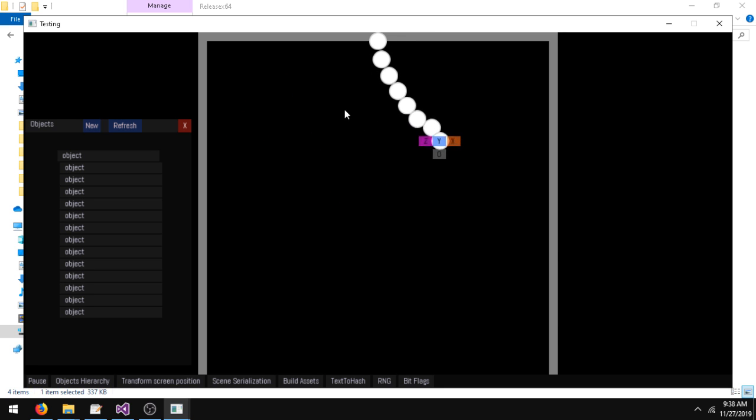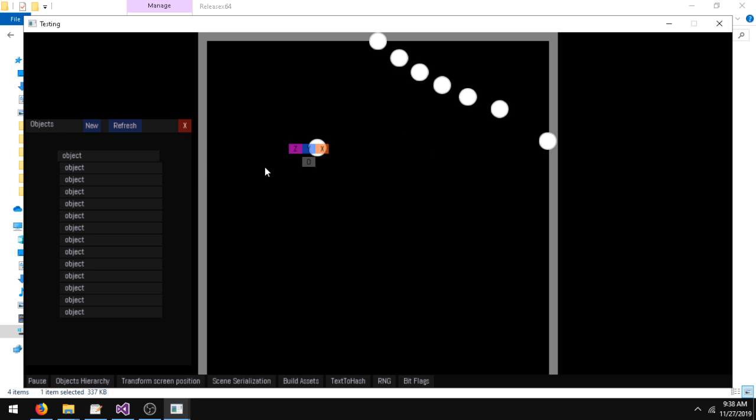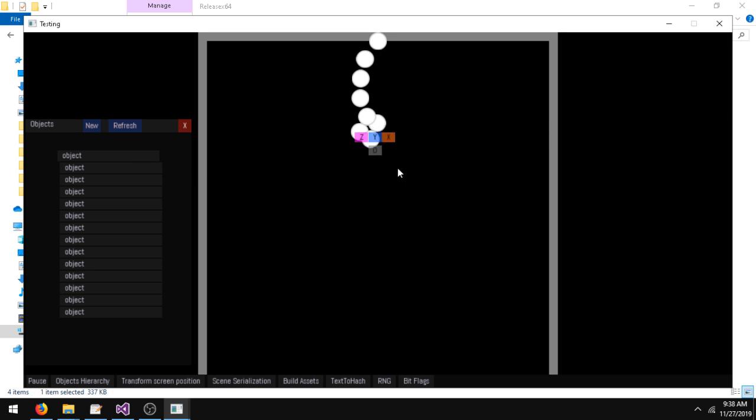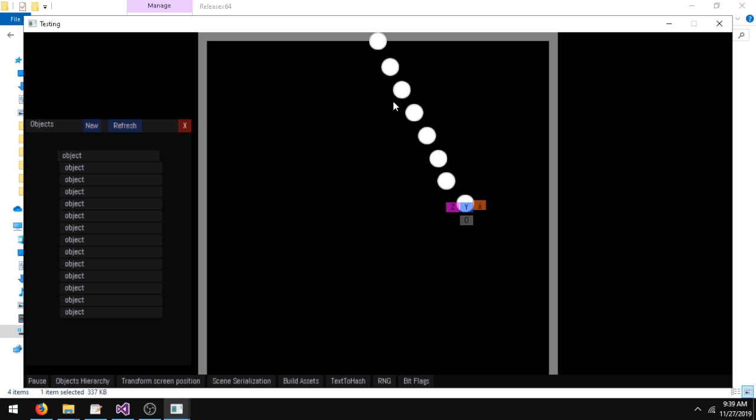Okay, so super interesting thing about this too, that I just realized I could actually account for this elasticity by calculating the distance between them. So this approach right here is super good.